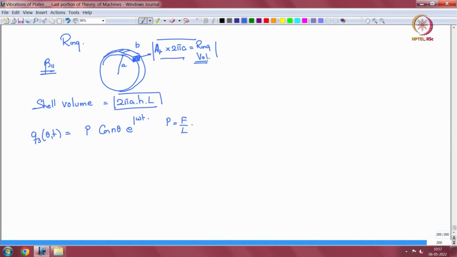So there is a cos n theta force that is actually applied on the ring.